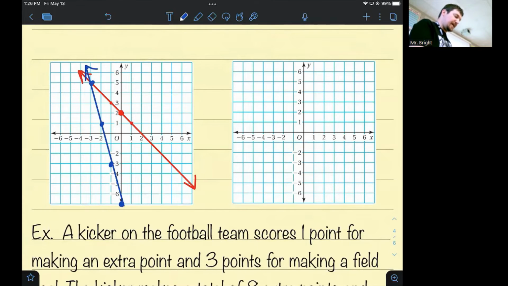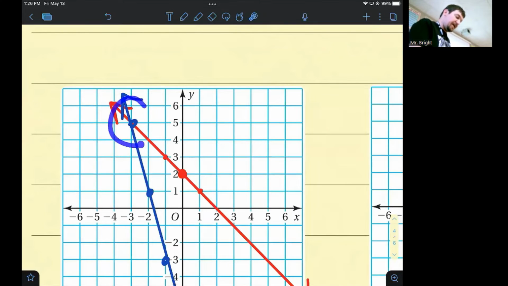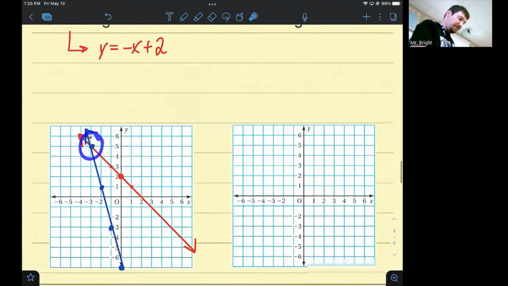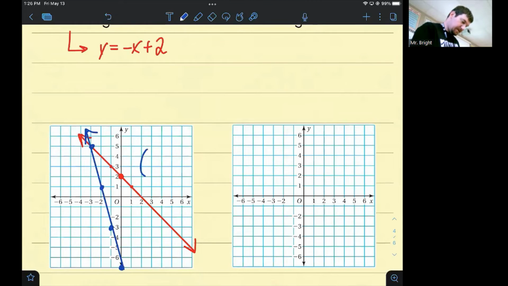So we do have this nice intersection for this one, and it's right there. Garrett, what is that point right there? -3, 5 is my answer. Nice. -3, 5. And Jacoby, what are those things that go around the numbers? Parentheses. Good job.